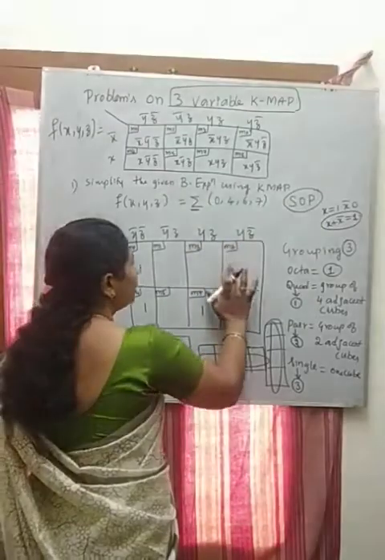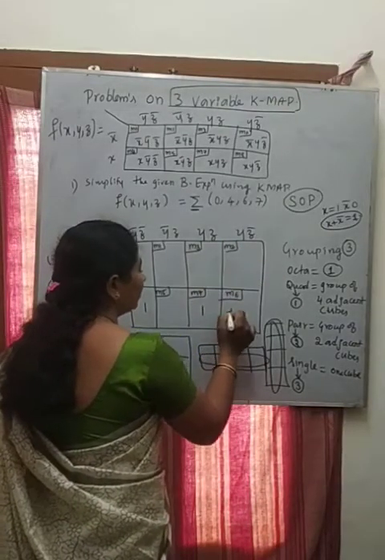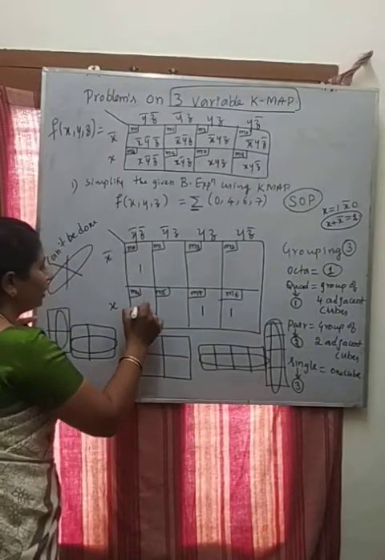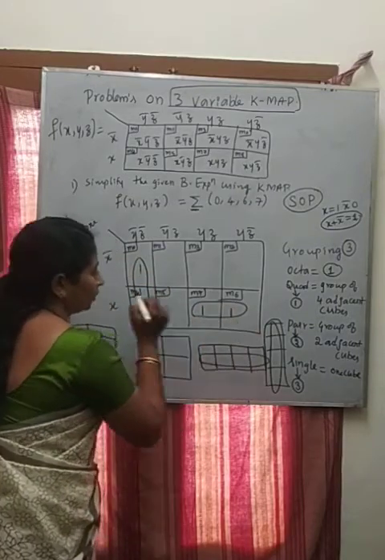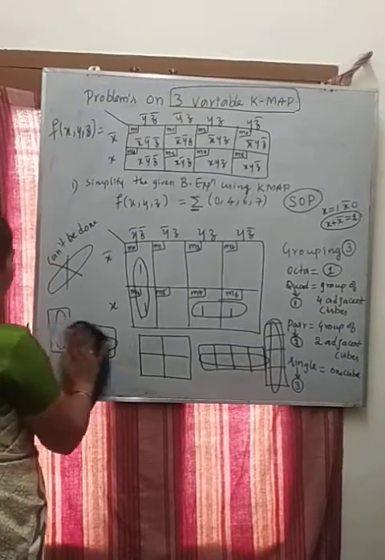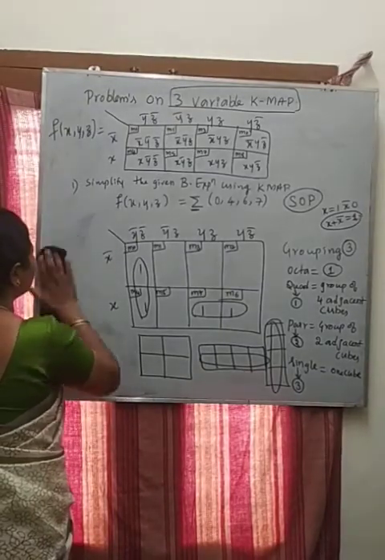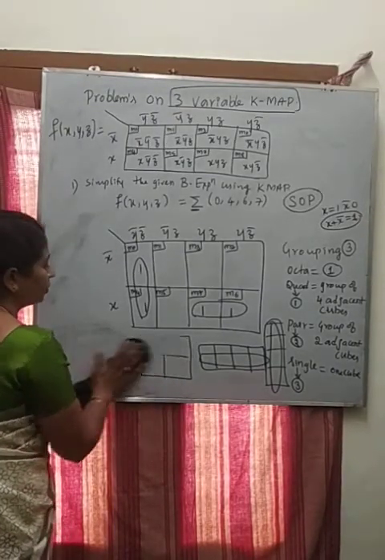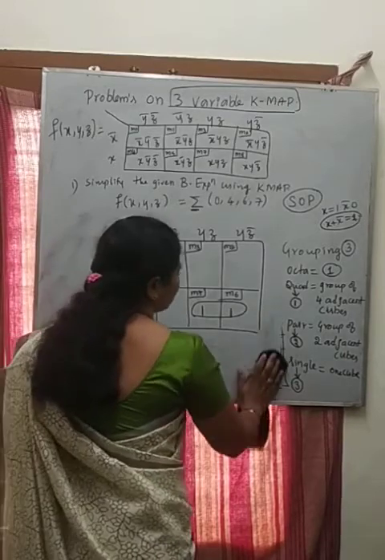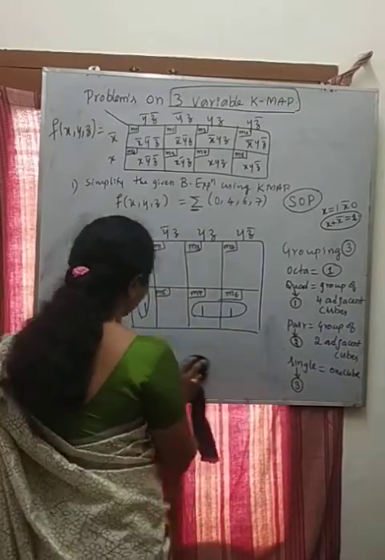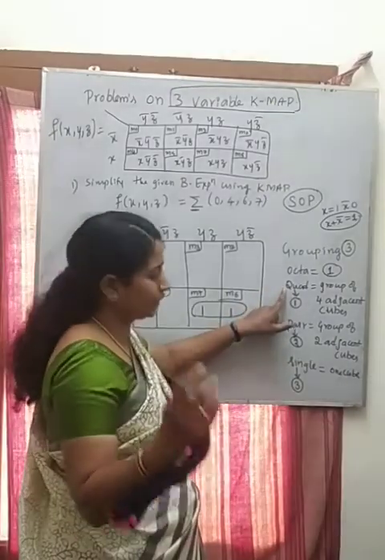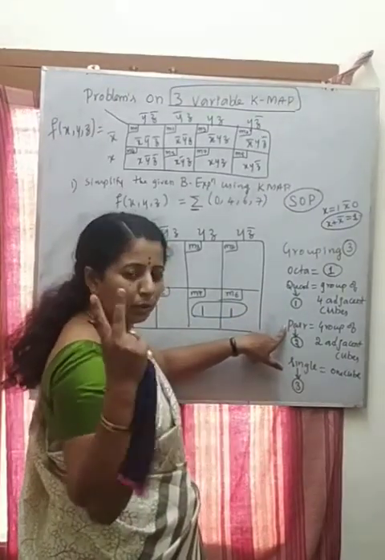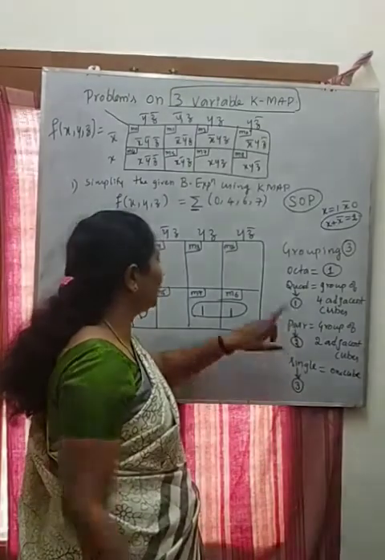But according to this problem, it was there here, so I can do either horizontal grouping or vertical grouping. So this gives you your reduced term. We'll see how it gives you the reduced term. Hope you understood here: quad is 4 adjacent cells, pair is 2 adjacent cells, single is individual.